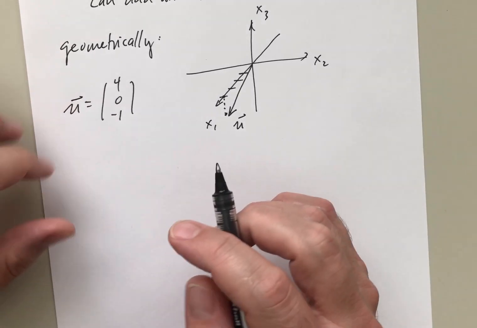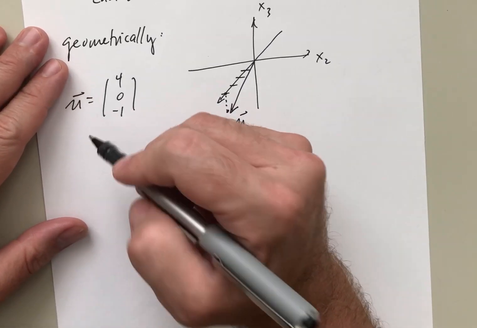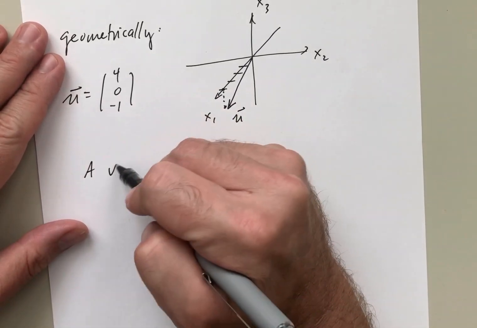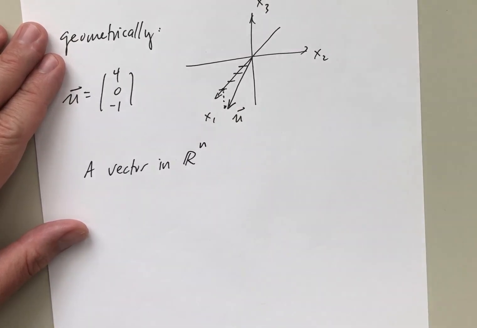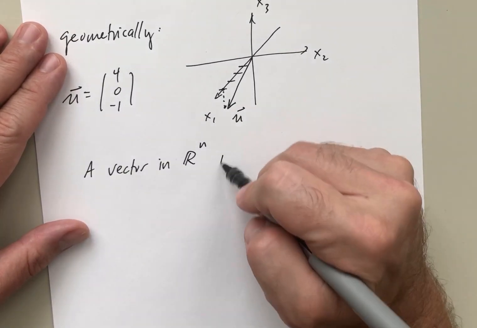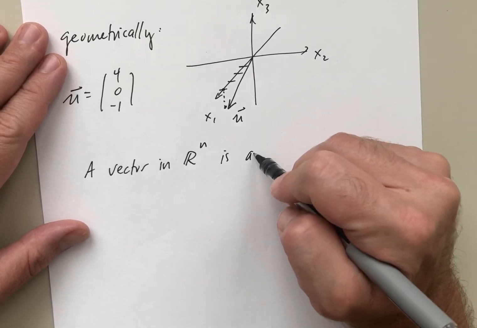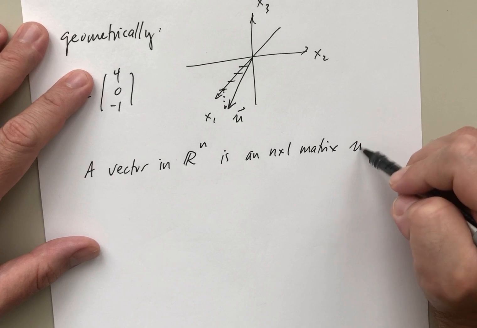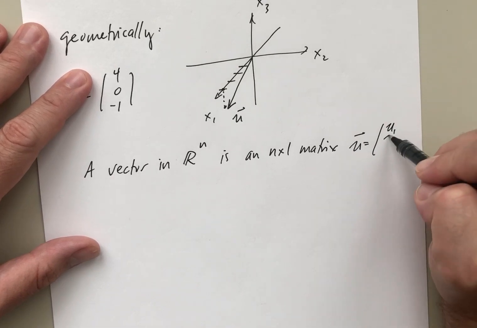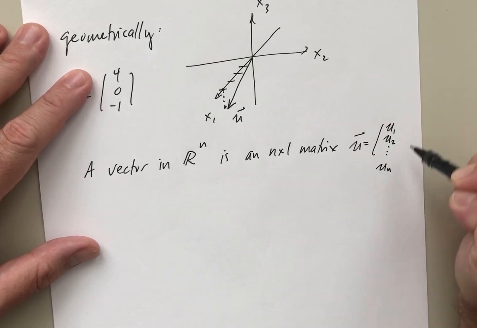But what I really care about is our main definition: a vector not just in 2 or 3 dimensions, but a vector in Rn, which is an n-by-1 matrix, say u1, u2 through un.